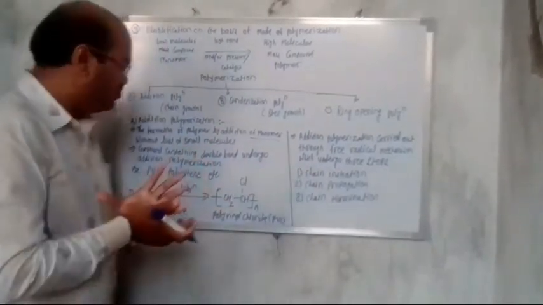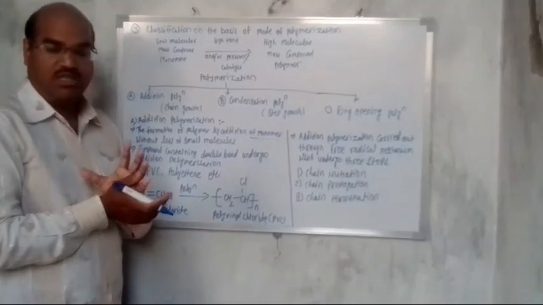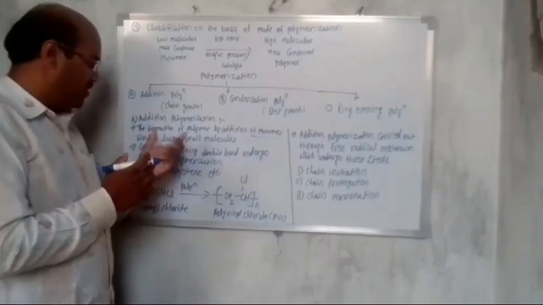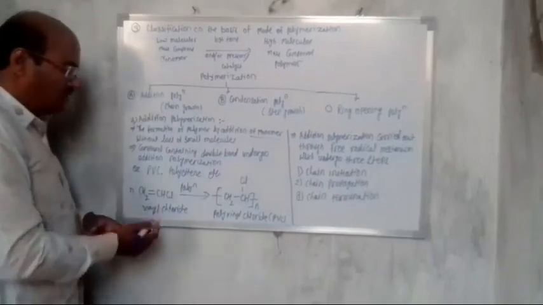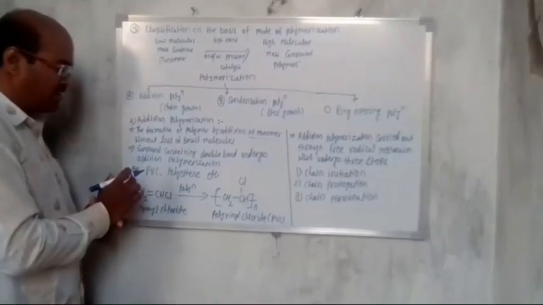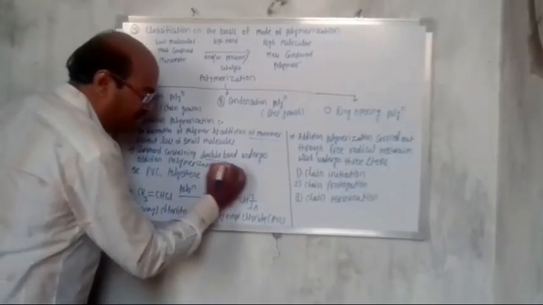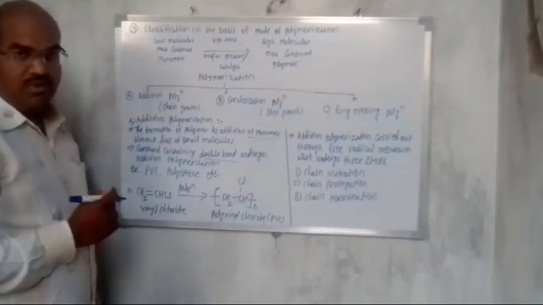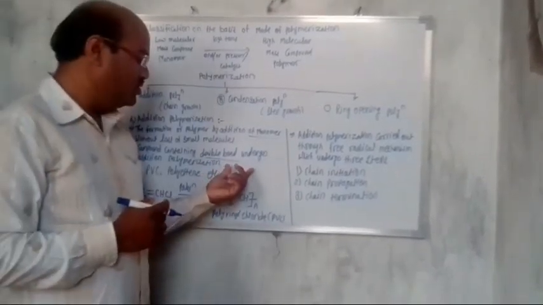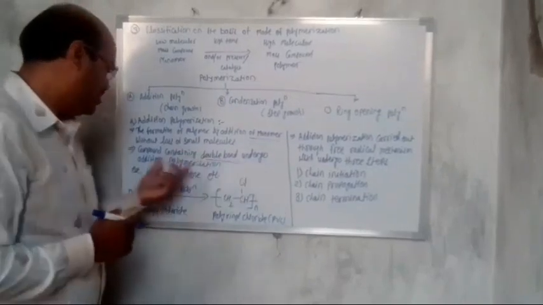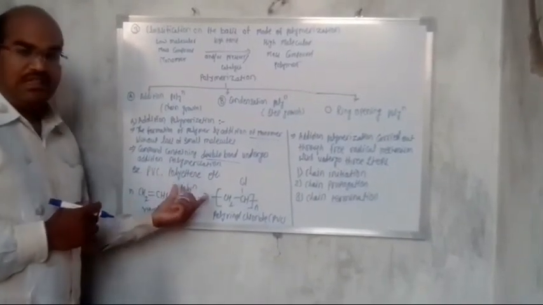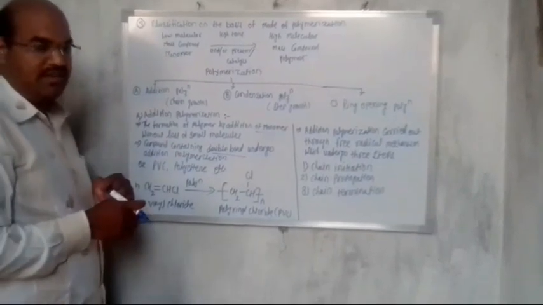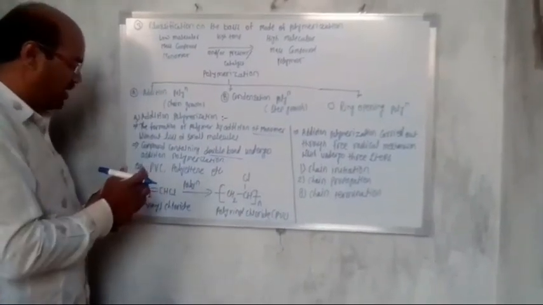In the addition polymerization process, monomer is added without loss of a small molecule like water or methanol. Compounds containing a double bond are generally used as monomers. For example, PVC, polyethylene and acrylonitrile are examples of addition polymerization.